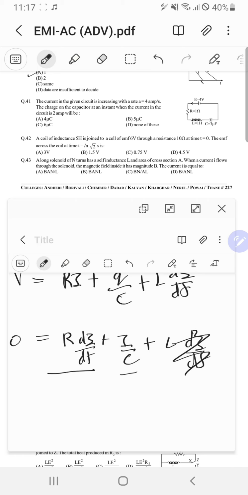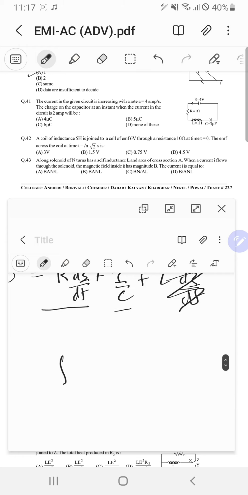So, charge on the capacitor at an instant when the current is 2 amps. When in Faraday's law we say the integral of E dot dl equals negative d flux by dt, this E can be either the induced electric field or the total electric field.